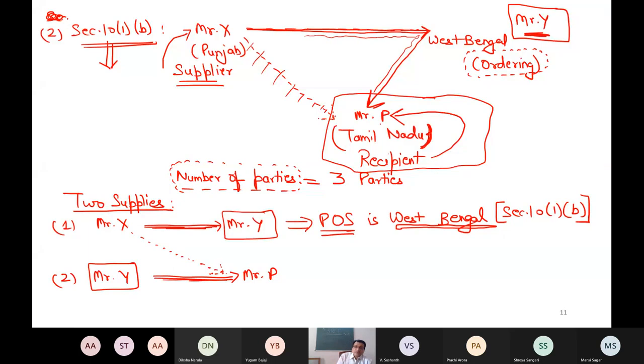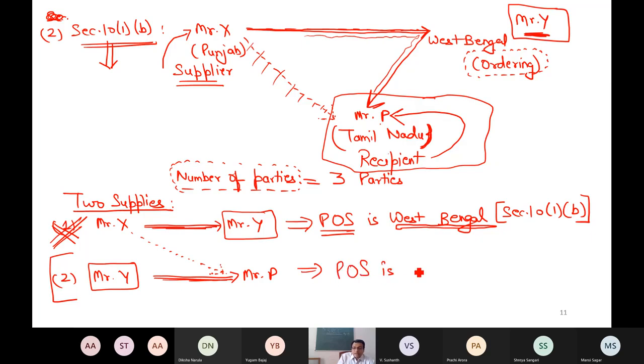So for this, the point which you must remember is that section 10 subsection 1 clause B only catches the first supply. For another supply, which is by default from Y to P, we will also determine the place of supply.